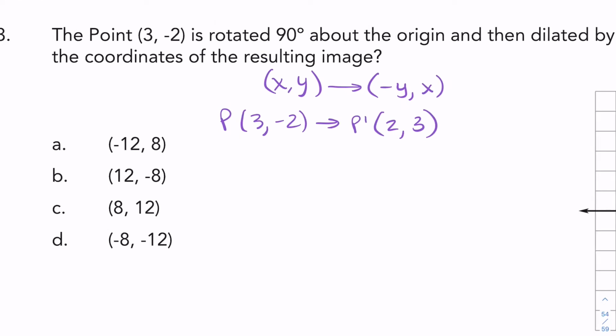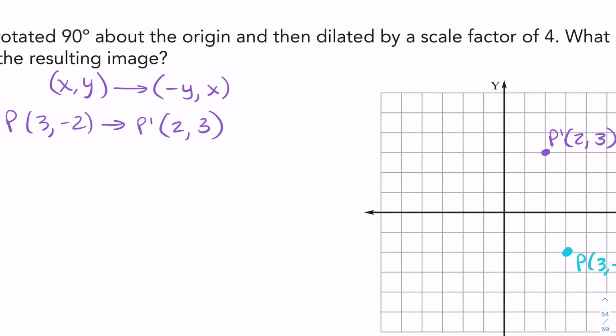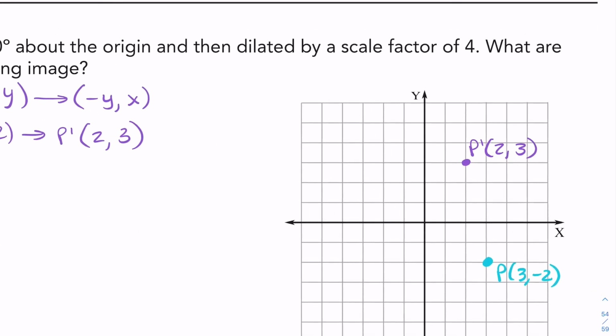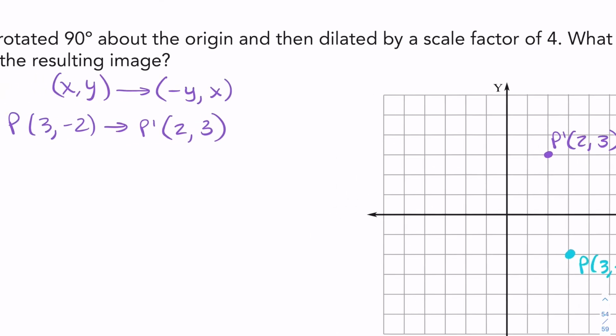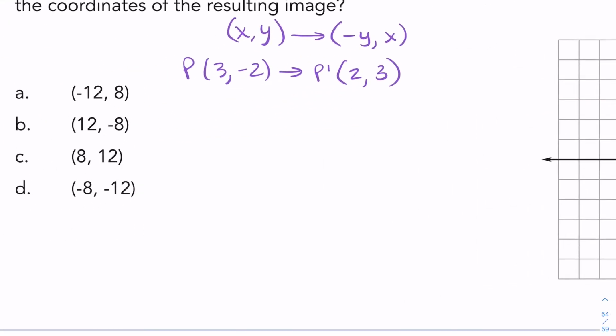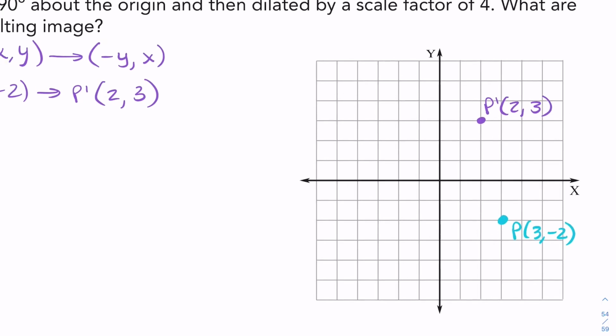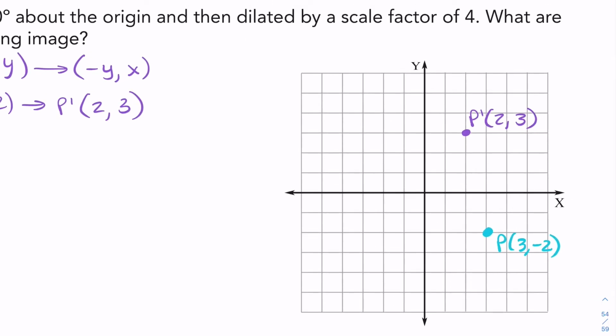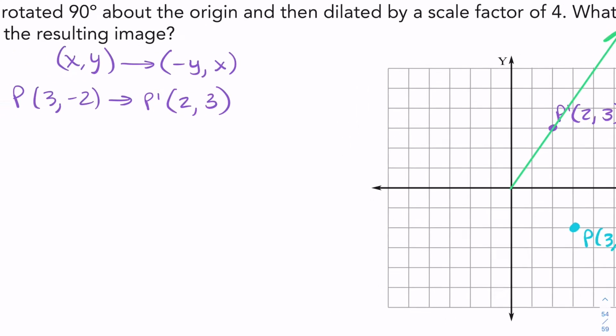And then it's dilated by a scale factor of 4. What are the coordinates of the resulting image? I can't even graph this one because the dilation is going to go that way.